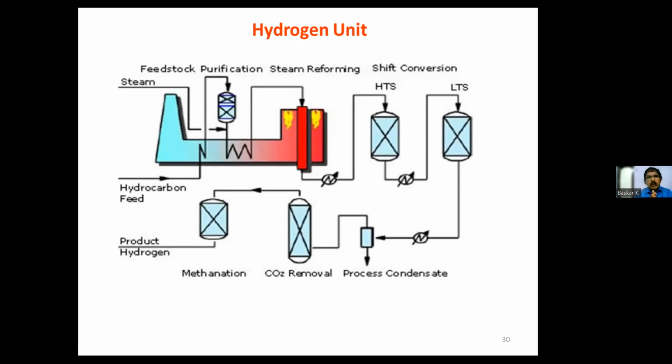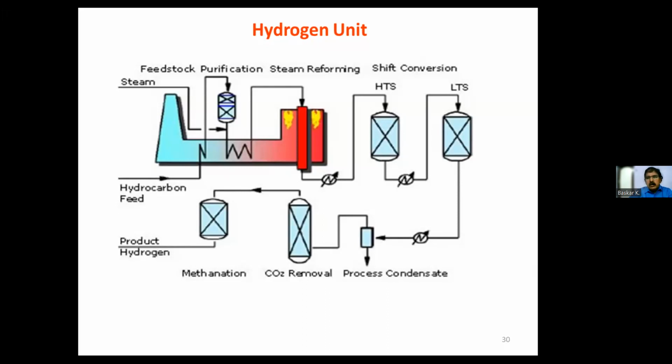It goes to a steam reforming process where shift conversion takes place. Then the liquid condensate is removed, and from the hydrogen gas the CO2 is removed, and pure hydrogen is prepared and circulated to the desulphurisation unit. This hydrogen product is almost 99% purity.